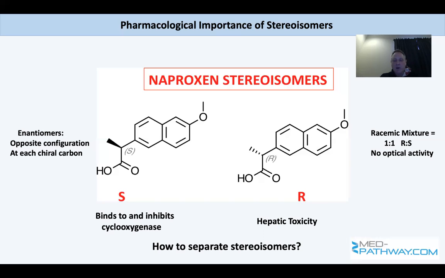We have a passage on our stereochemistry diagnostic that actually goes over this. And there are a couple of techniques to separate stereoisomers. And remember, since the S and the R have identical physical properties, with the exception of how they rotate the plane of polarized light, you might imagine that you have to resort to some really tricky chemistry in order to separate these things out.